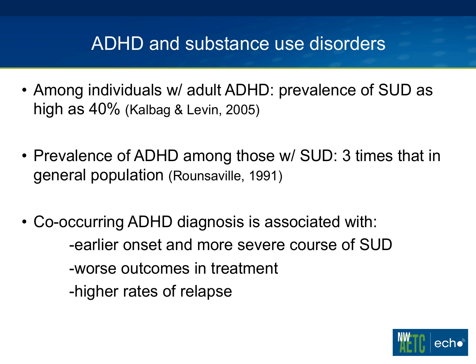Among those in a substance use disorder treatment program, the prevalence of ADHD is about 3 times that of the general population as well. And of course, when the diseases are comorbid, it's associated with earlier onset and worse outcome of the substance use disorder and higher rates of relapse.